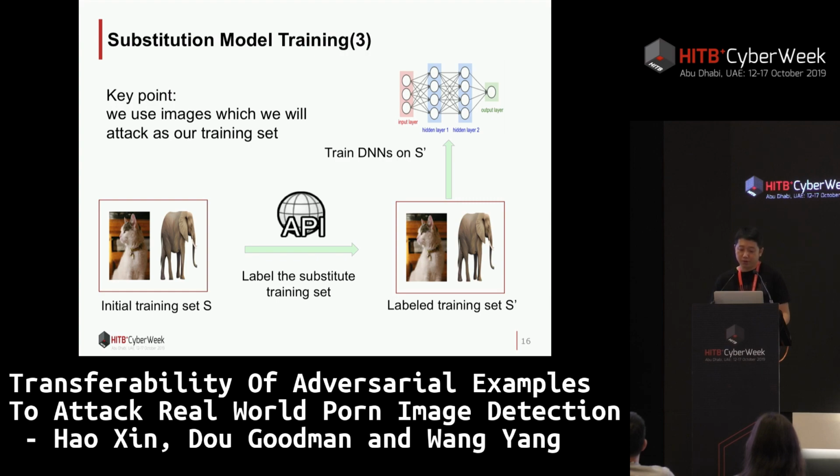To get the output of the binary classification, we also need other animals' images in this training set. Training substitution models takes time, of course, but the cost is borne by the attackers, and the cloud-based services can't intervene.